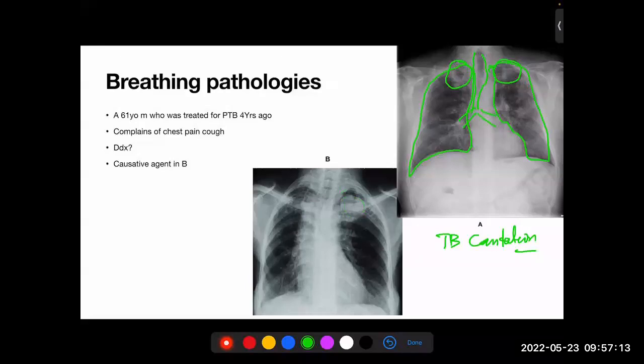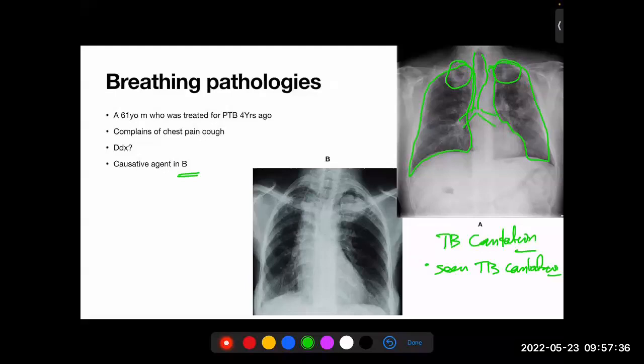You say aspergilloma usually is seen in a TB cavity. So the space that is left by the cavity after you treat the TB, that is where you find aspergilloma. What is the causative agent of this?